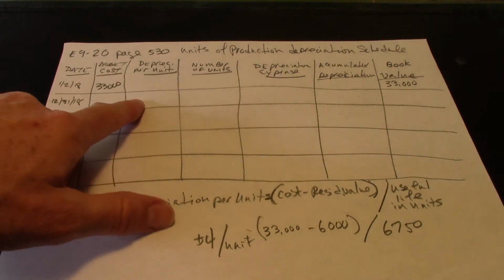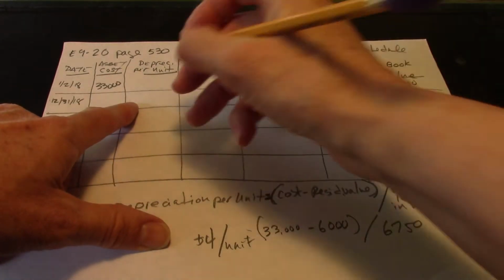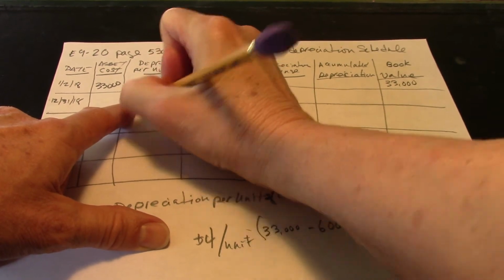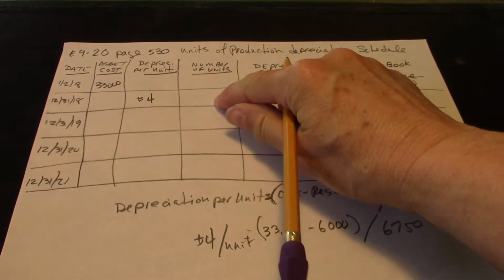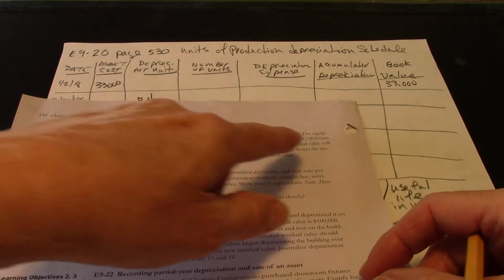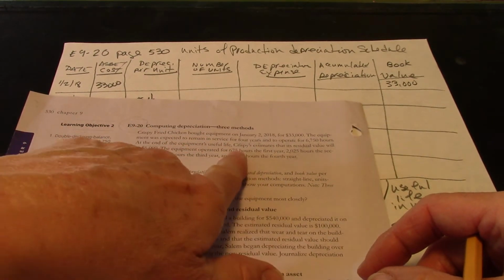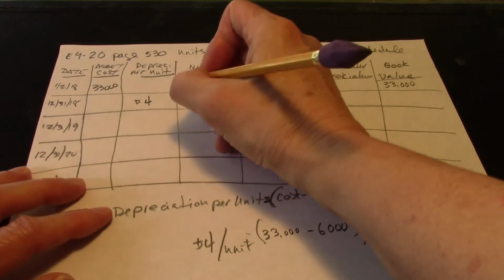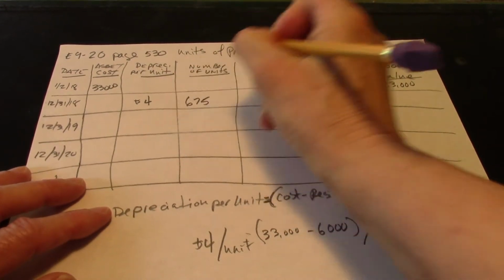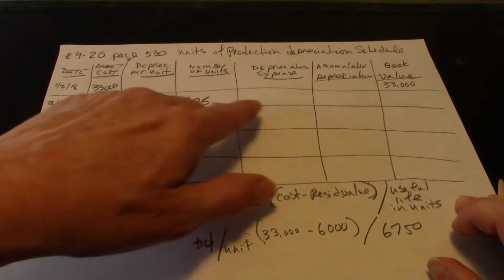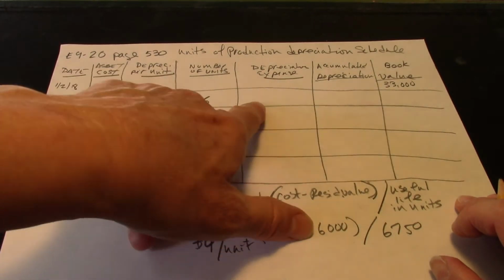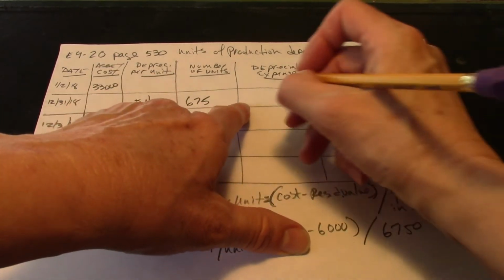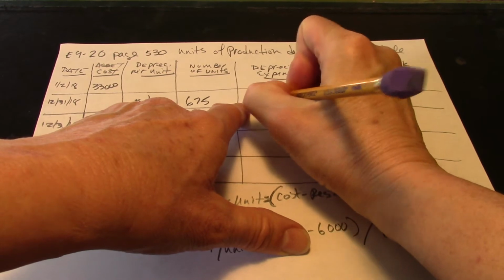We know it's $4 per unit, and in 2018 the problem says 675, the first year 675. So the number of units is 675 hours, so 4 times 675 is equal to 2,700.